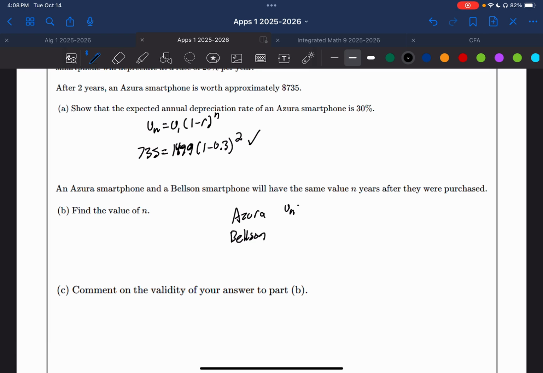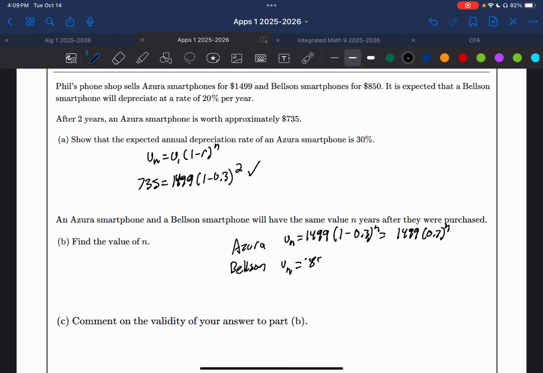So for Azura, it's going to be un is equal to 1499 times 1 minus 0.3 to the nth power, which is 1499 times 0.7 to the nth power. For Belson, it's going to be 850 times 1 minus 0.2 to the nth, which is 850 times 0.8 to the nth.